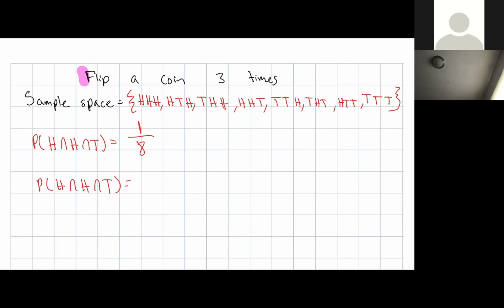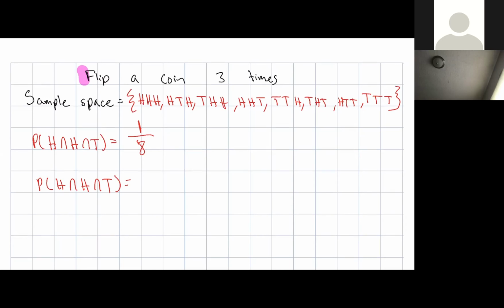Like say if I land on a head, does it make it more likely I can land on heads the second time around and the third time around? No. So this should be independent, correct? Yes. It doesn't matter if the first time it lands on heads or the second time it lands on heads. The probability that the third time it will land on heads will still be 50%.